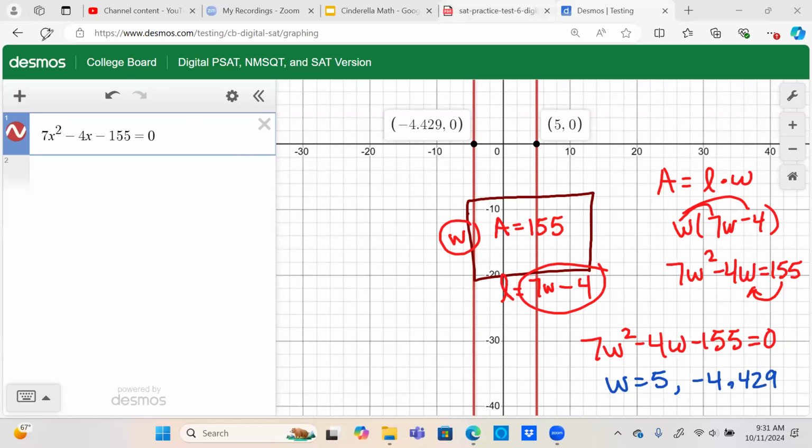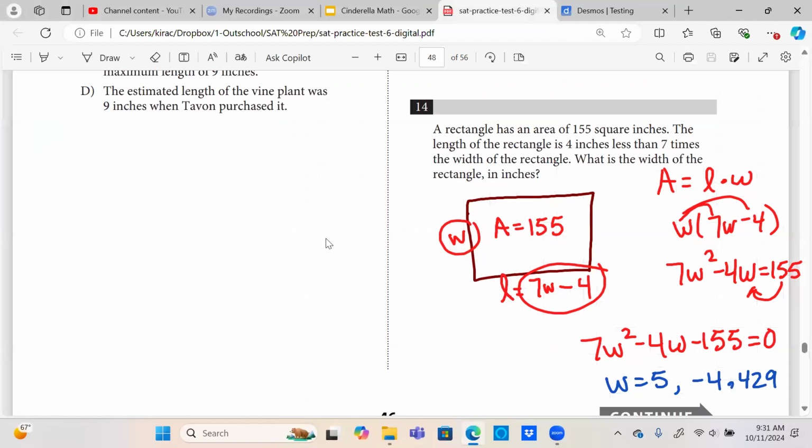Okay, thank you, Desmos. And now, though, this is a physical object, right? This is a rectangle. We could grab a ruler or a tape measure and measure it. We're not going to measure a negative number. So we can get rid of the negative answer, giving us that the width is 5. And that's what they were asking. What is the width? So width is 5 inches.